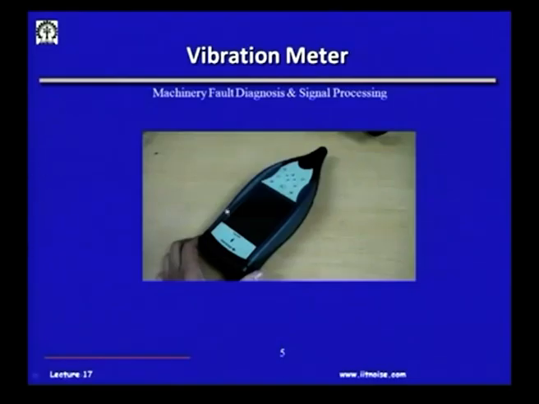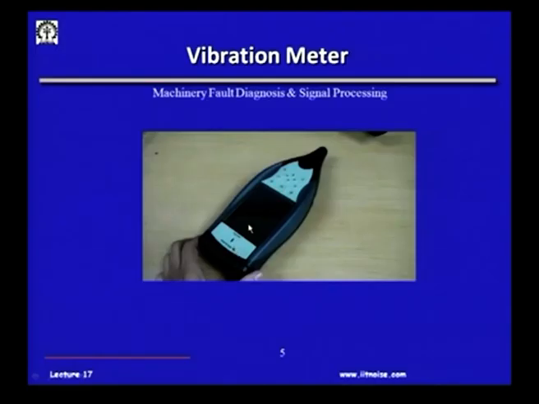In this vibration meter, the reason this is pointed like this is that this electronics could also be used as a sound level meter, wherein if you replace this end by a microphone, this becomes a sound level meter. Otherwise, since we are using it as a vibration meter, there is nothing here, just a dummy cap. All you have to do is attach your accelerometer to this with a cable.